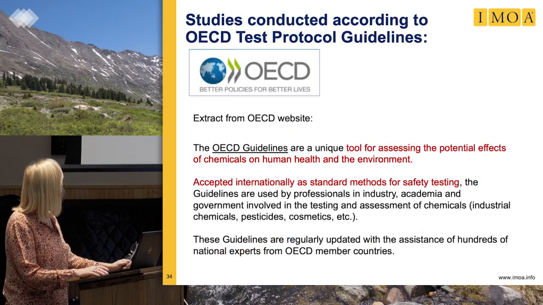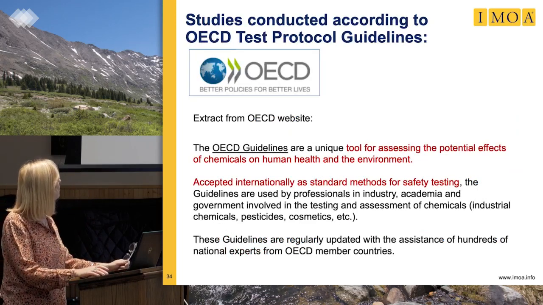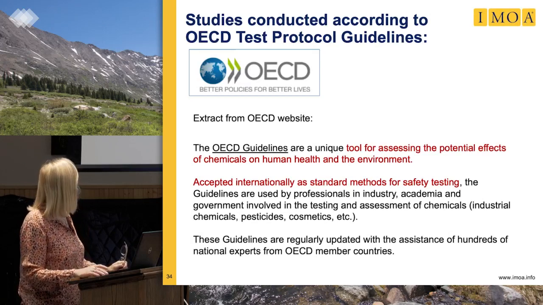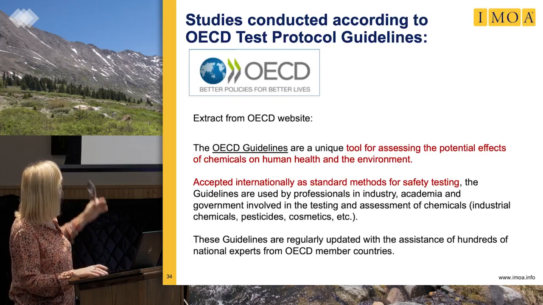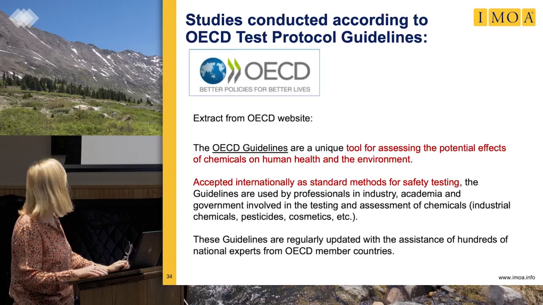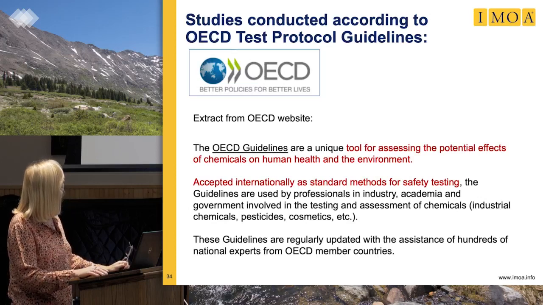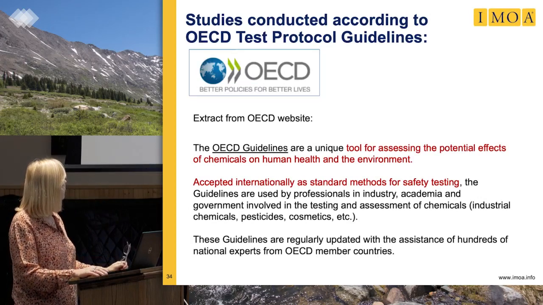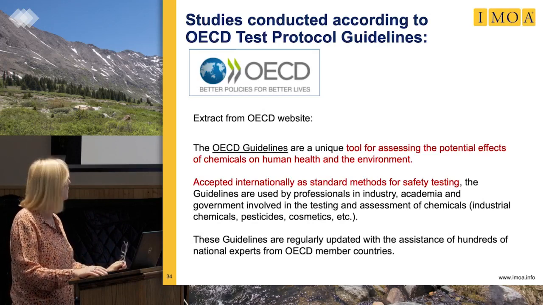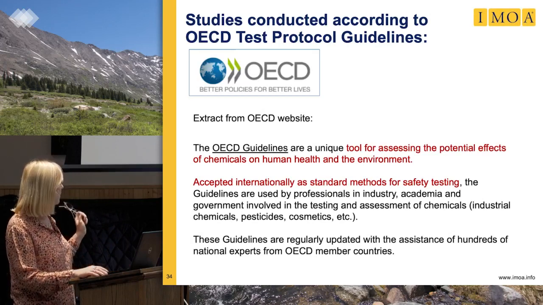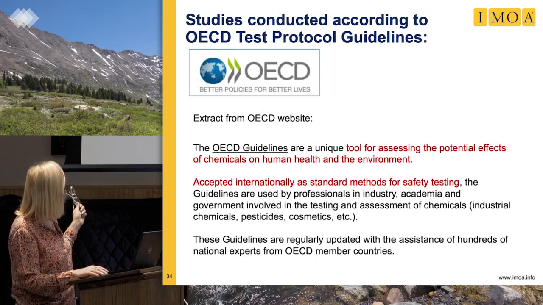So a bit of a screen grab here from the OECD website. This is what they are saying about the OECD guidelines and the protocols, that they are the tool for assessing the potential effects of chemicals on human health and the environment, accepted internationally as standard methods for safety testing.